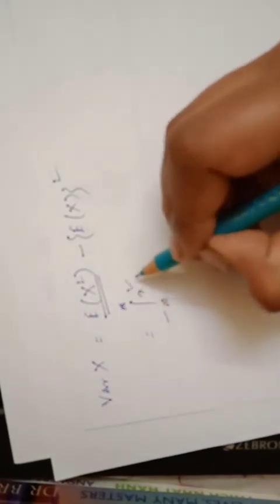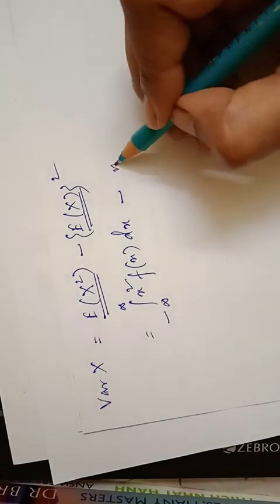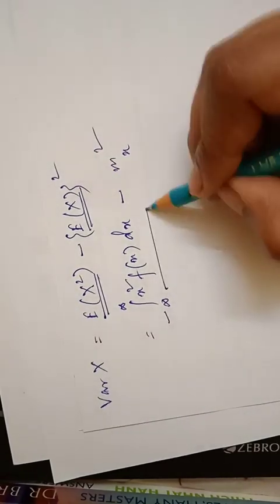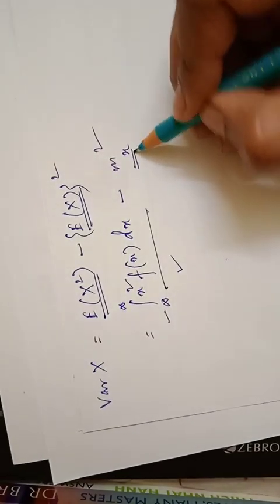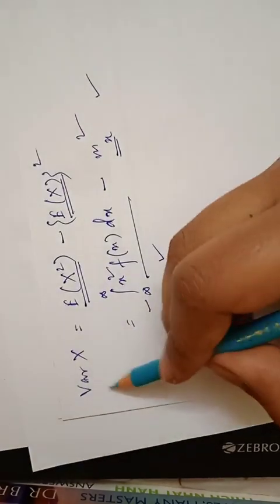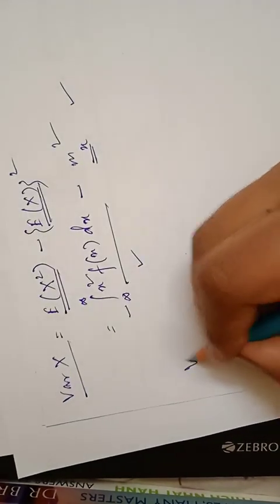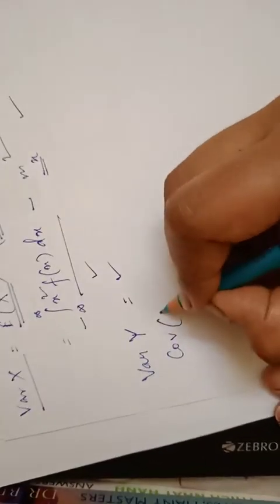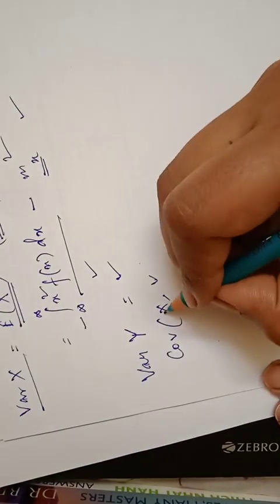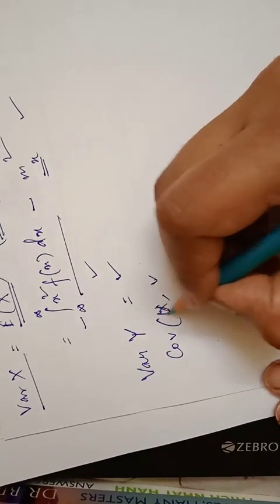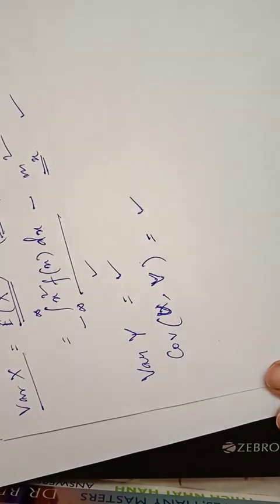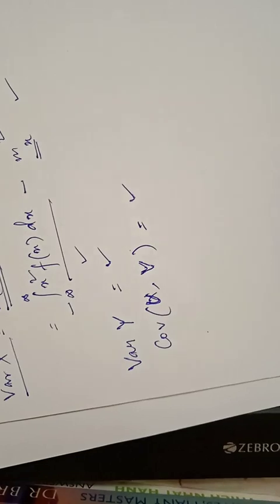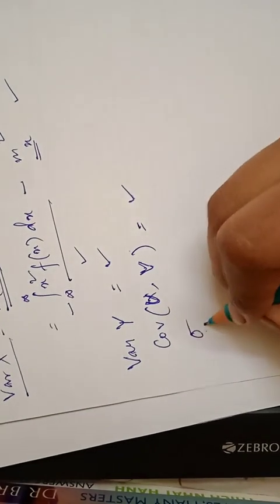This is minus infinity to infinity x square fx dx, and this is our mean, so mx its whole square. Calculate that value, we already calculated it, put it and get the value of variance of x. Similarly calculate the value of variance of y, so you get the value of covariance of u comma v.